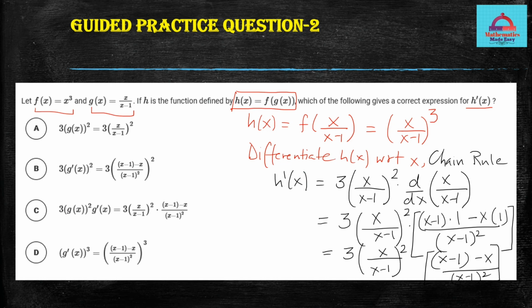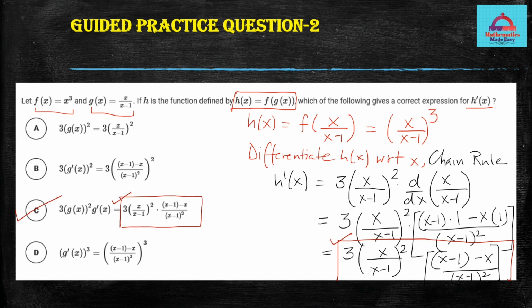Now the right side of this equation, if you compare with all the 4 options which you find here, then definitely this option seems to be the correct answer, because the right hand side of what we have received while differentiating and the right side of this option is exactly same. So that tells us that C is the correct answer for this question.